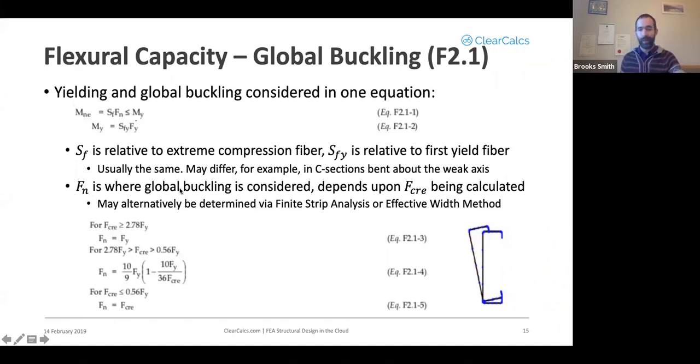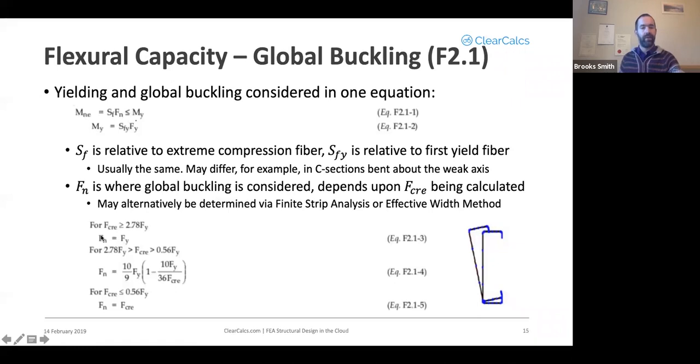FN is where global buckling is considered, and it depends upon an FCRE value that I'm going to talk about in the next slide. FN may alternatively be determined directly using finite strip analysis, or using the effective width method, which is in the appendix of AISI. We're going to use an analytical method, which is usually what you're going to prefer to use.